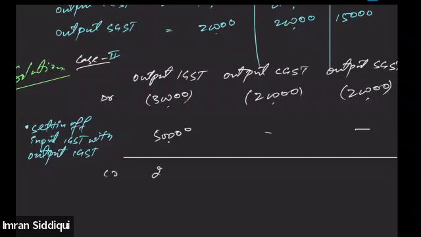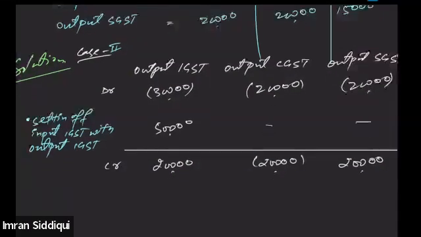It will be 20,000 credit balance and 20,000 debit balance, 20,000 debit balance under the SGST as well.